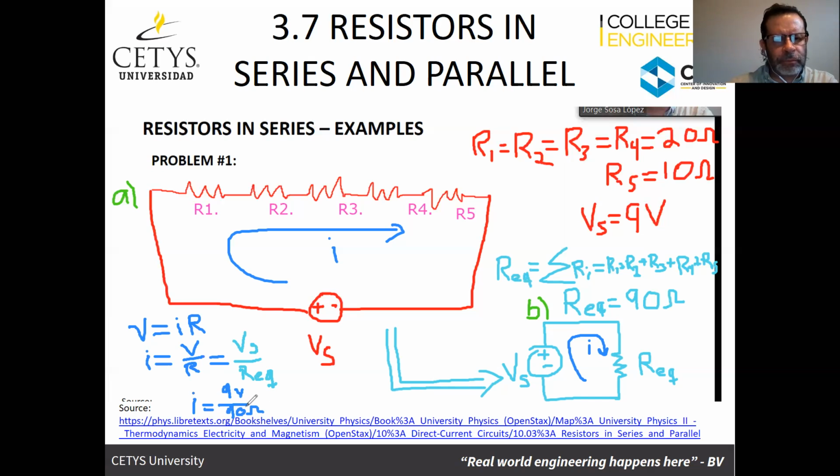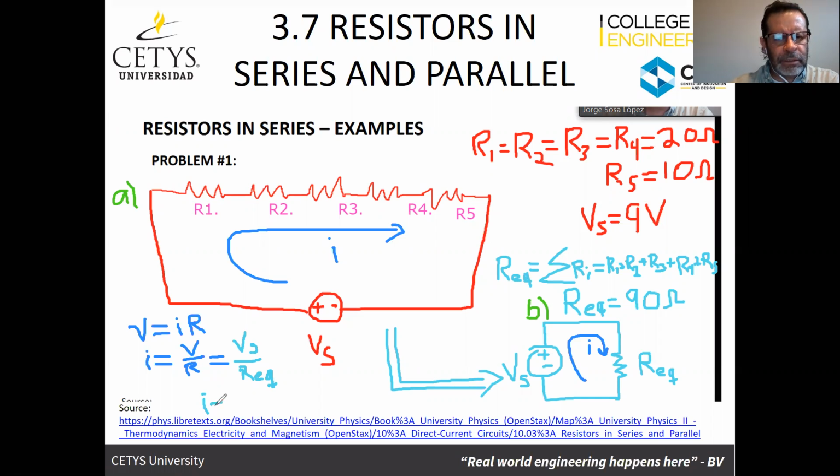So 9 divided by 90 is going to be equal to 0.1. I'm going to write this down with a different color, actually, just to be congruent.